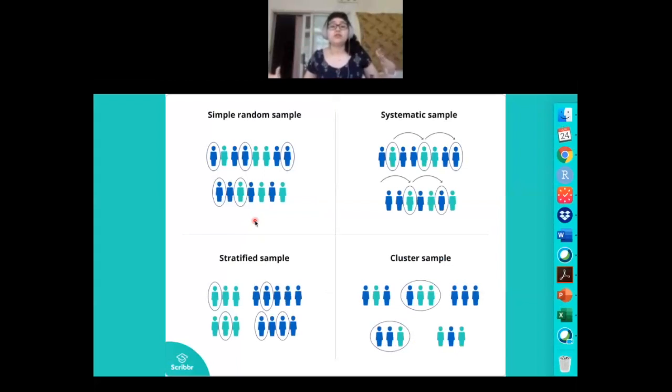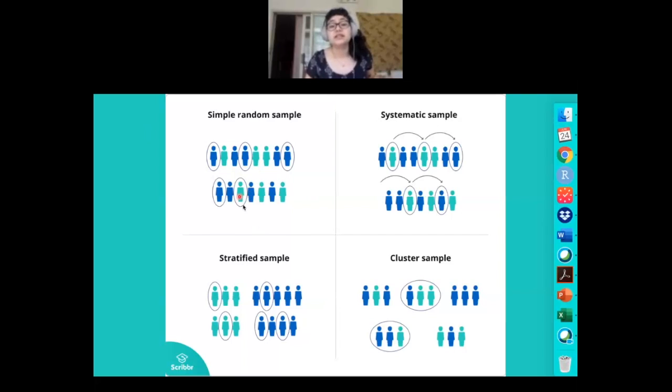Okay, so just to go over the types of sampling very quickly, simple random sampling is the simplest way to get non-biased sampling. It doesn't necessarily mean that you're going to get representative samples, so you're not necessarily going to be able to analyze differences in your population characteristics to others.